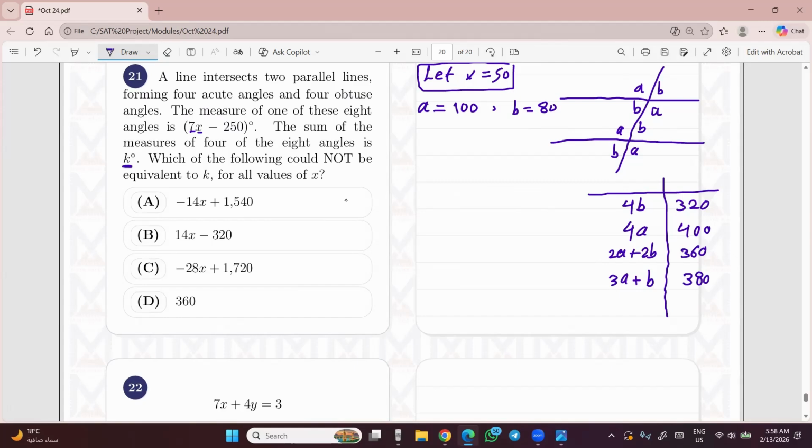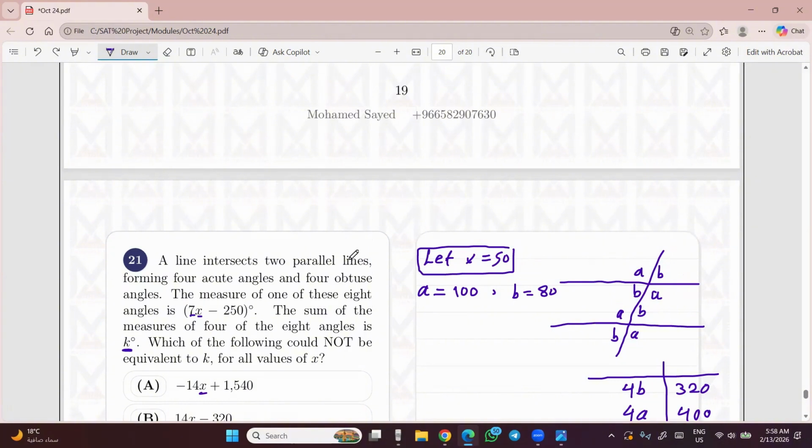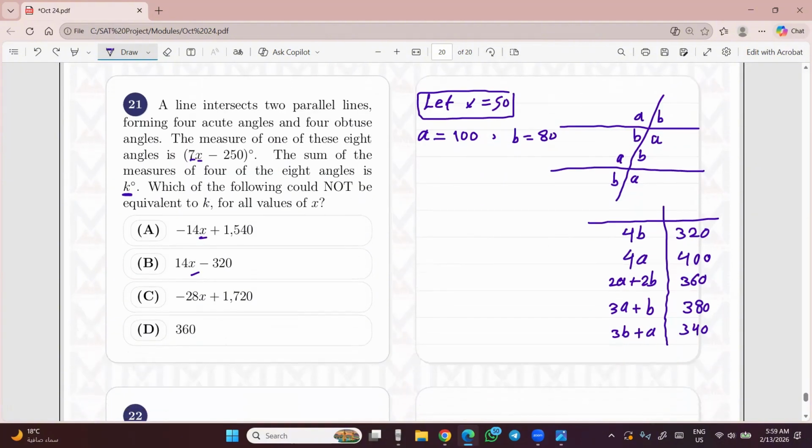And then maybe 3B plus A, 3 acute angles and 1 obtuse angle. 3B means 3 times 80 is 240, and 240 plus 100 is 340. All of these are good possibilities. One of these is not the answer. So now we can replace x also by the same number we put up here, 50. So we can replace x by 50 in every one of them. Negative 14 times 50 is calculated here.